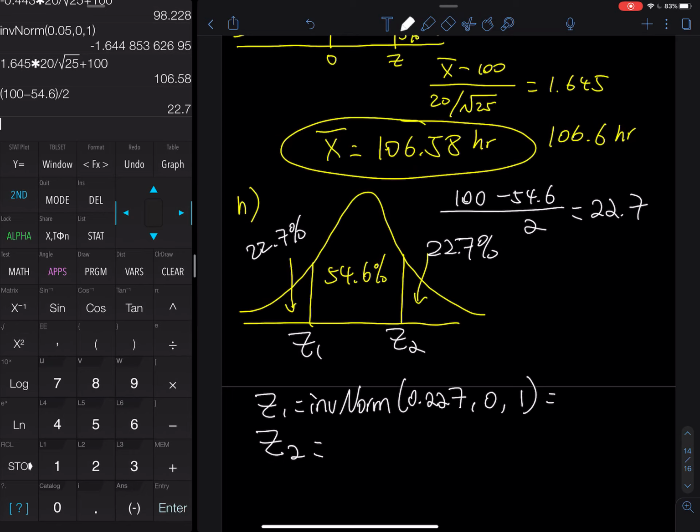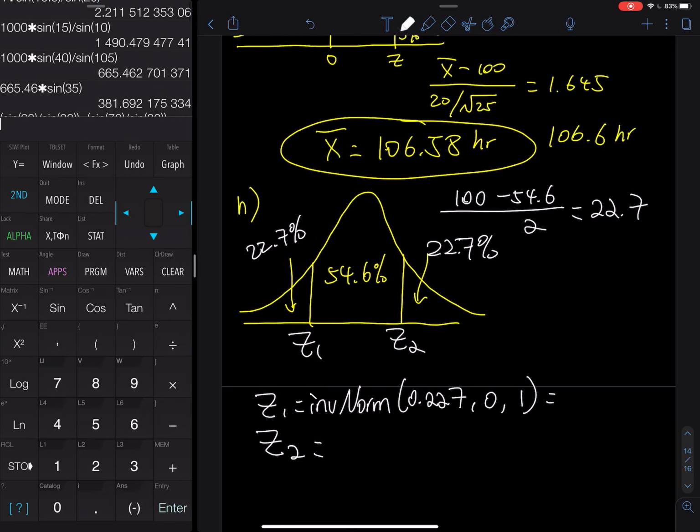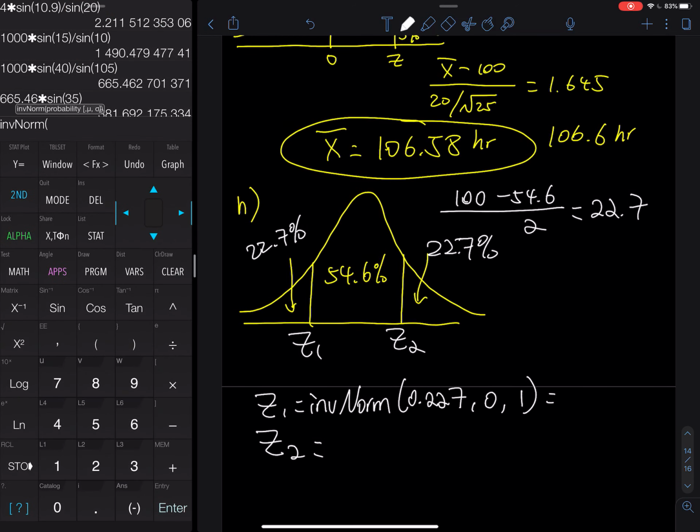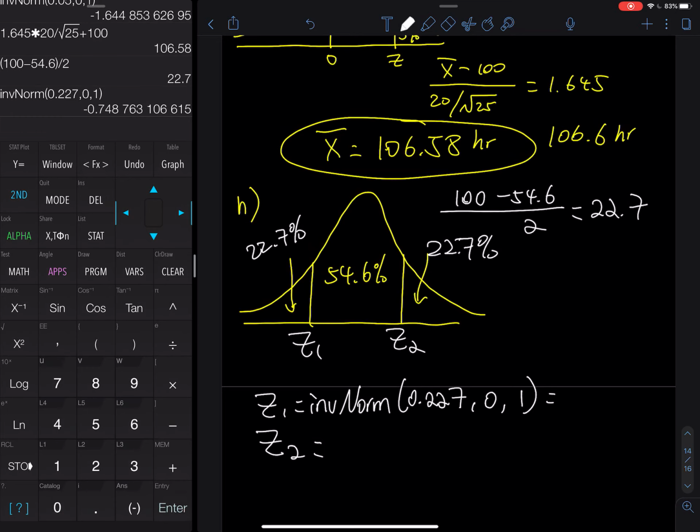Second vars, inverse norm 0.227, 0, 1. This is a negative 0.749, positive 0.749, and then you undo the standardization, one for the negative z, one for the positive z.